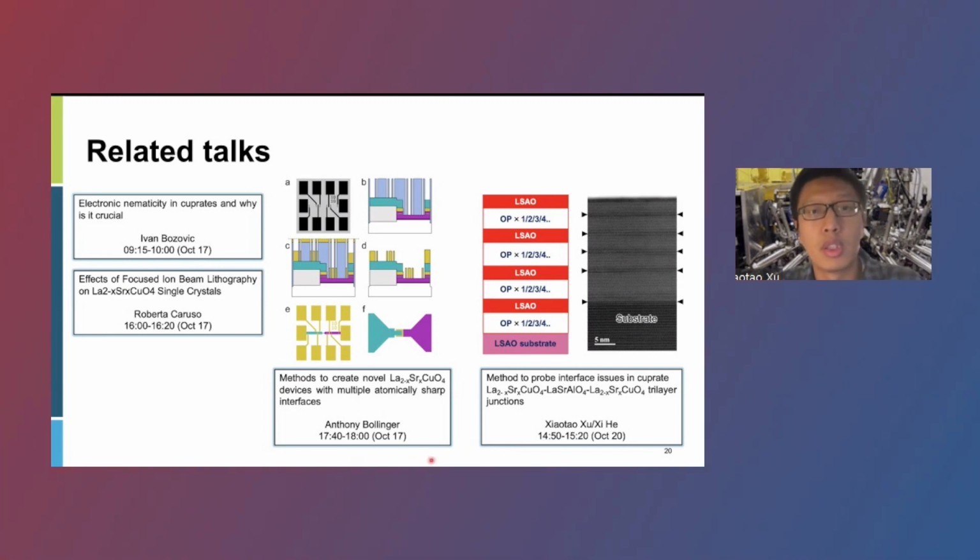On Thursday, October 20, she will give a talk about how we grow LSCO-based superlattices, and using these superlattices, how we can probe the interface issues in LSCO-based trilayer junctions. So I think that's probably everything from my talk. Thank you.